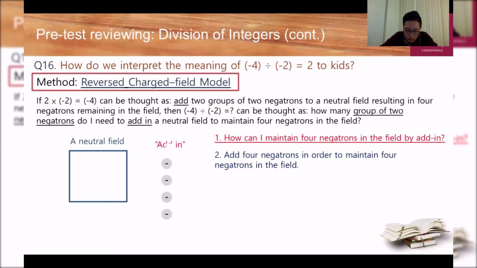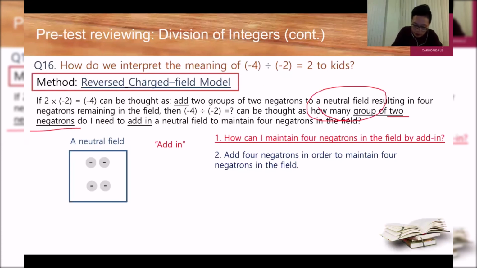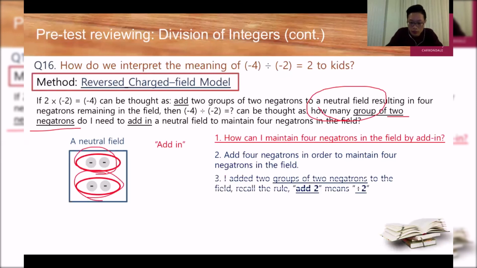So I add these 4 neutrons into the field. Okay, and the question asks how many groups of 2 neutrons. There are 2 neutrons in a group, right? So here I will have 2 groups.